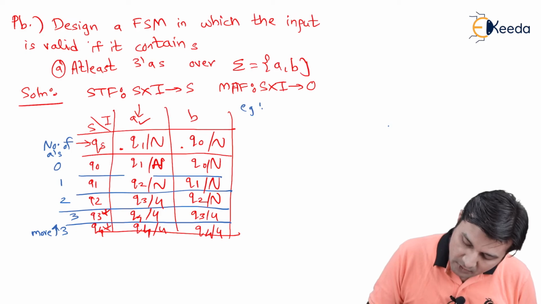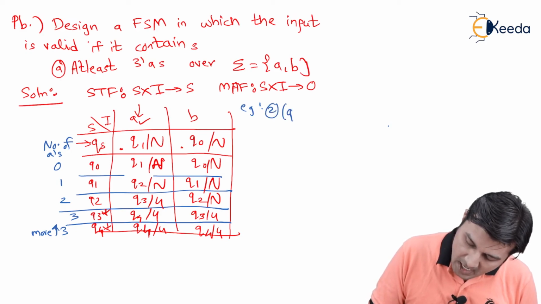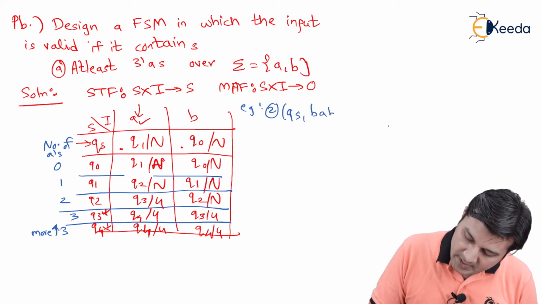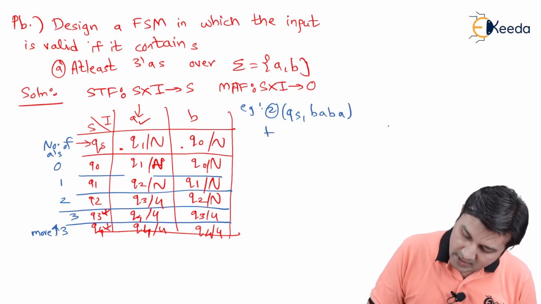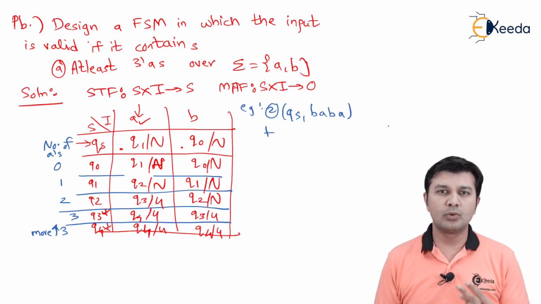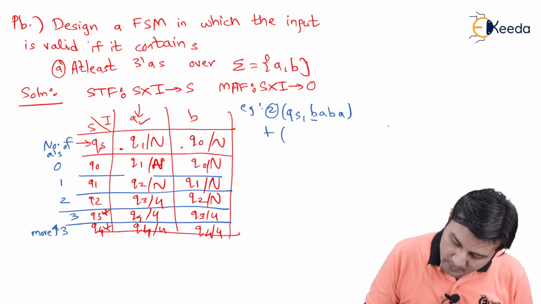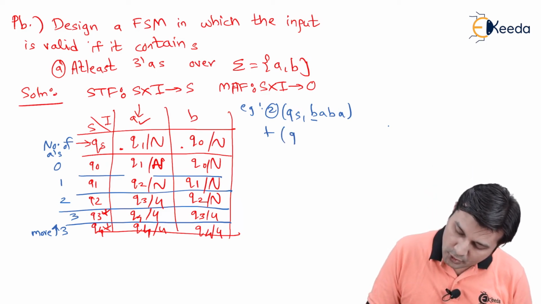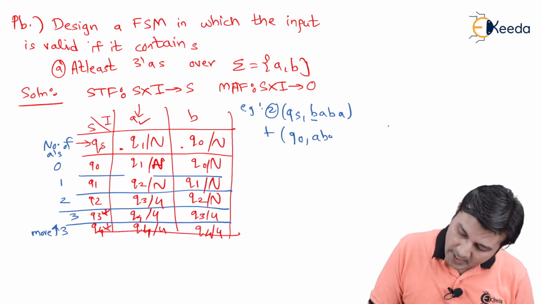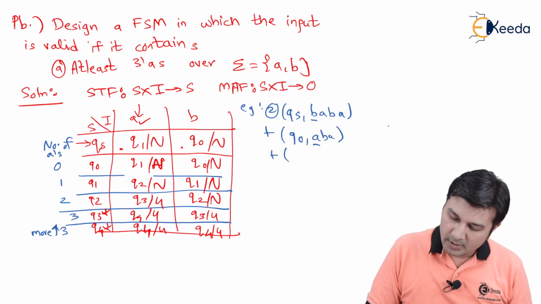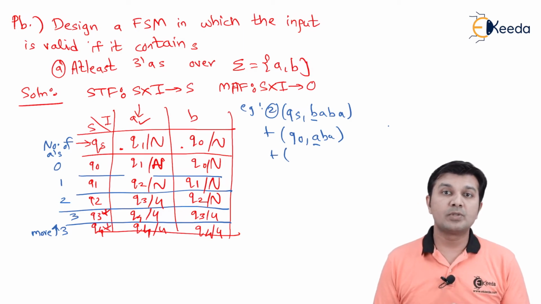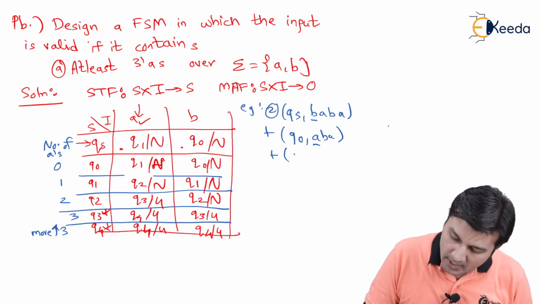So, example for the reject case, I have QS BABA signifying the number of A's over here are 2, so it should be ideally rejected. So QS on receiving input symbol B goes to Q0. I have ABA with me. Q0 on receiving input symbol A goes to Q1.